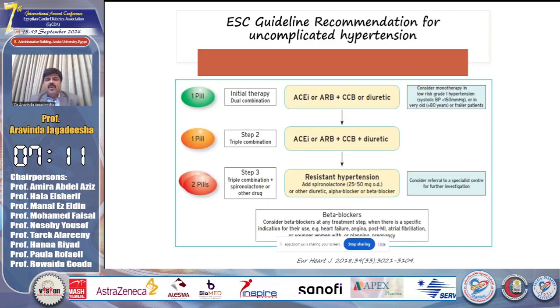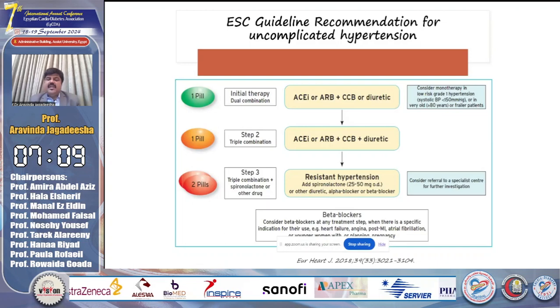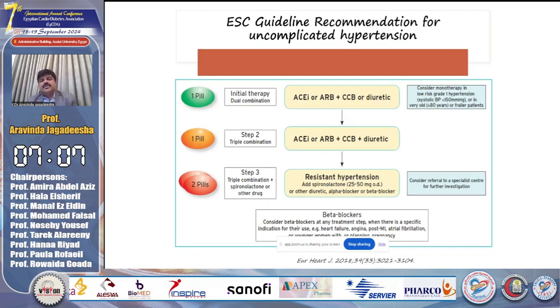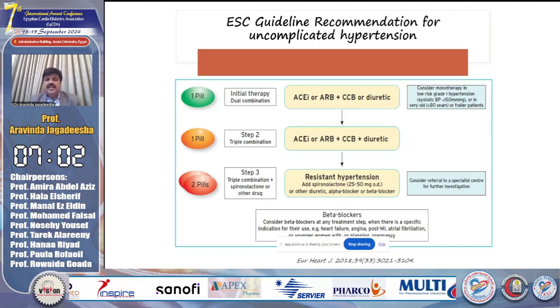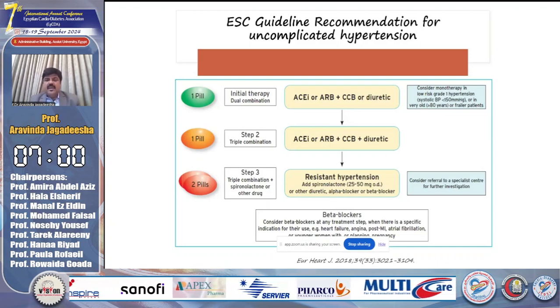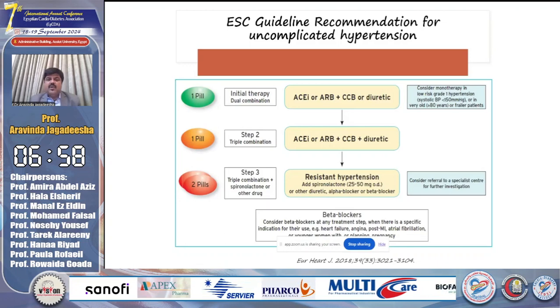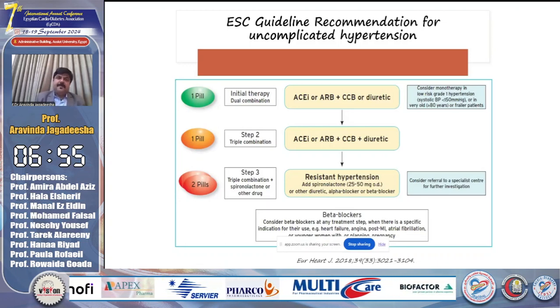And beta blockers can be considered at any treatment step when there is a specific indication for their use, for example heart failure, angina, post MI, atrial fibrillation, or younger women planning for pregnancy.